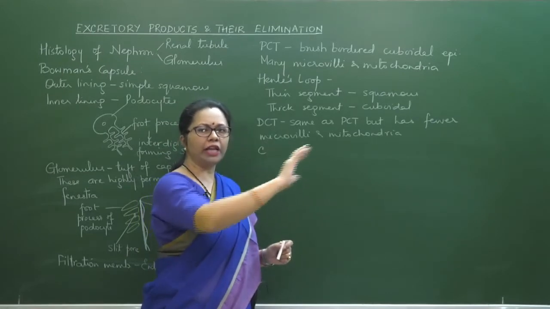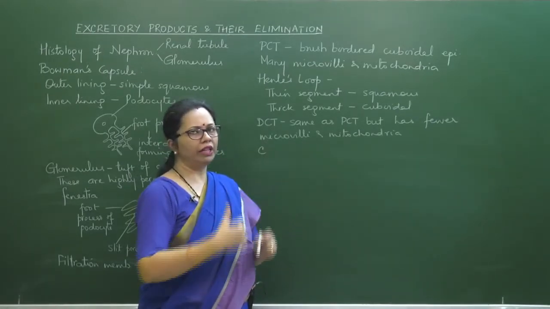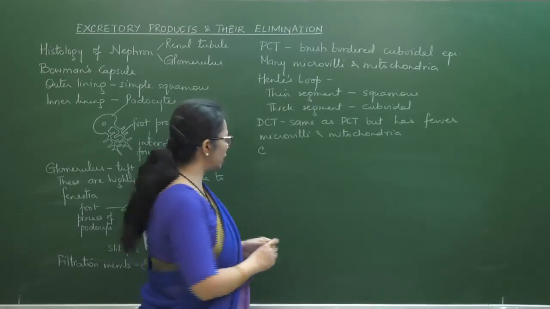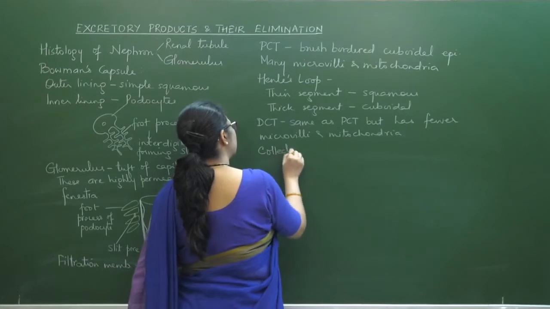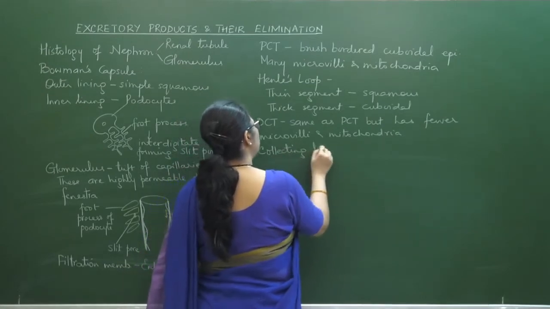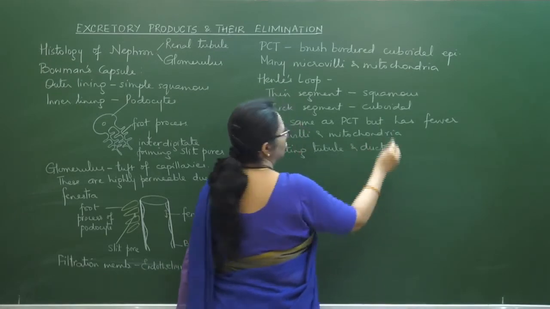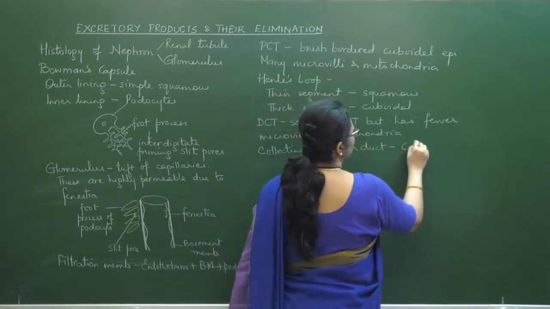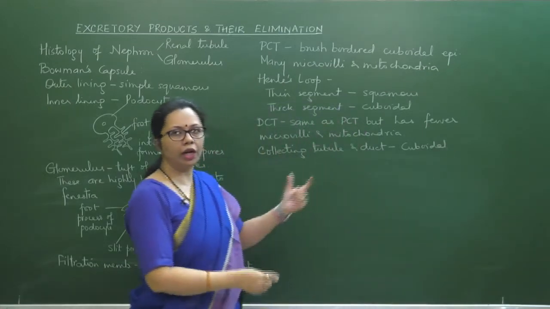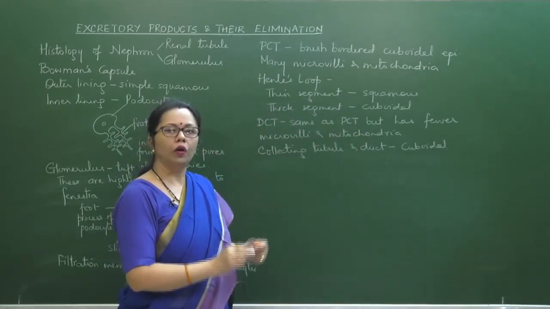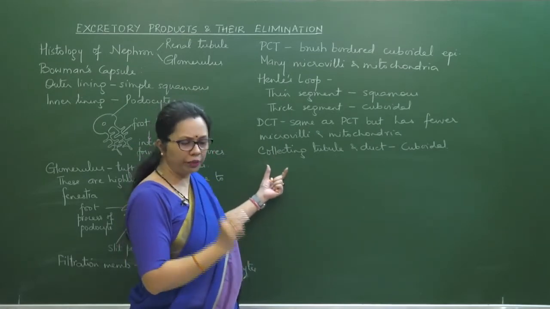The part which is lying in the cortex is called the collecting tubule, and when it comes into the medulla, that is the collecting duct. So collecting tubule and duct. This is once again simple cuboidal epithelium, and this collecting duct, as I told you, is not taken as a part of the nephron. Fine. So this is the basic histology.